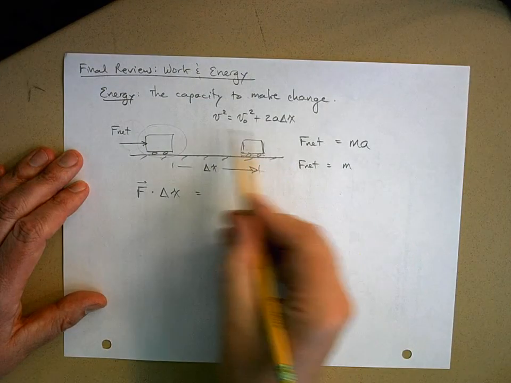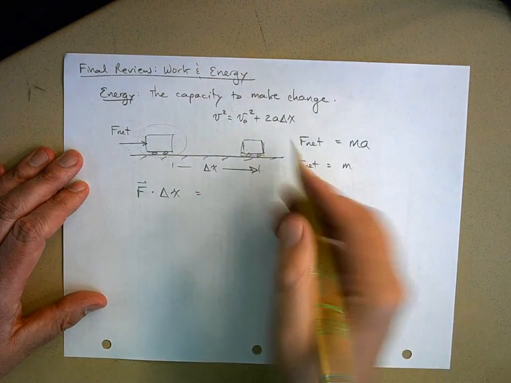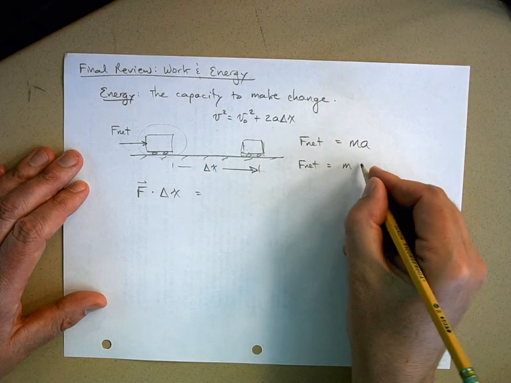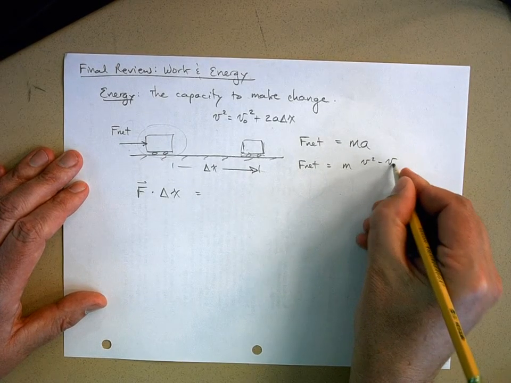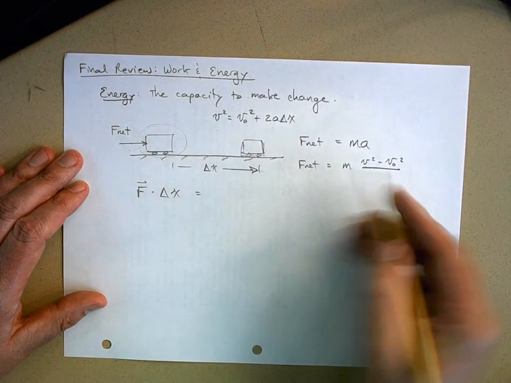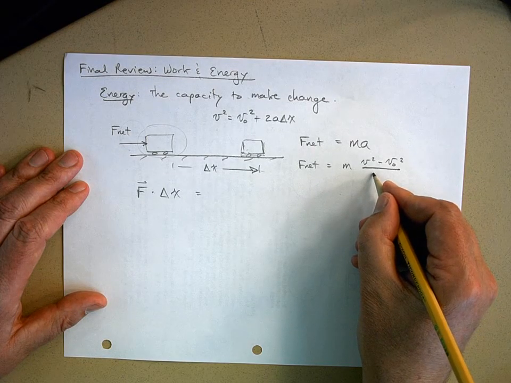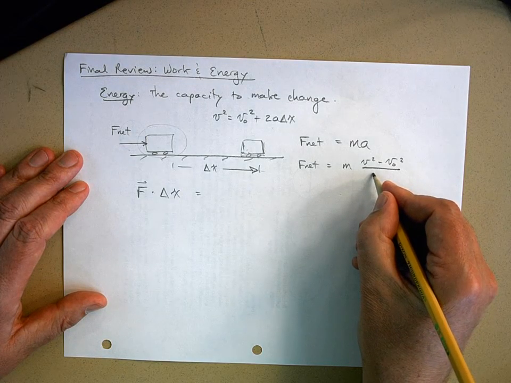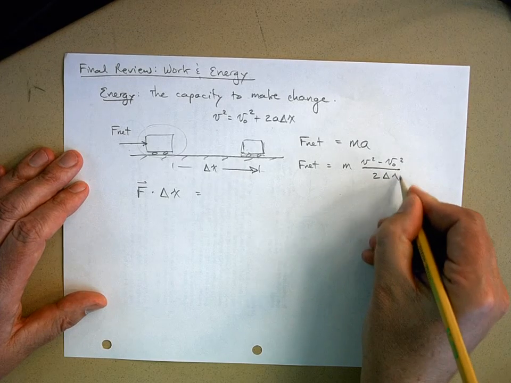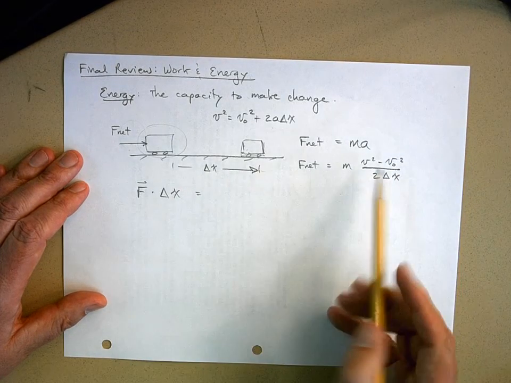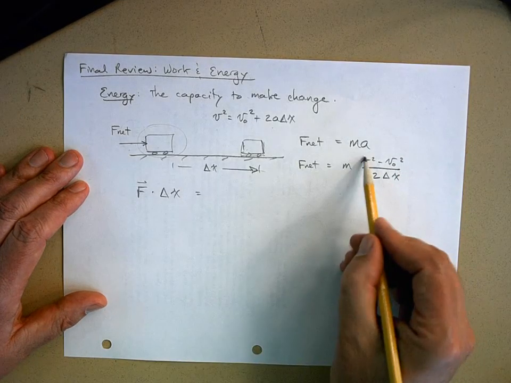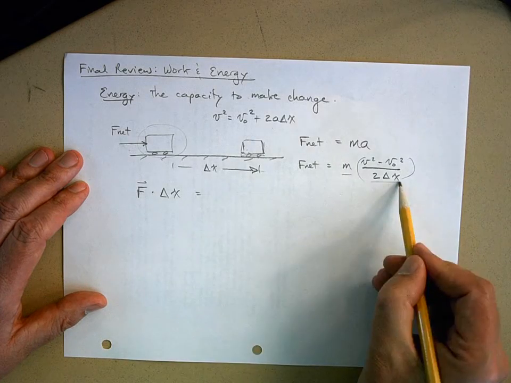So what we did is we solved this for the acceleration, and the acceleration is v squared minus v naught squared over 2 delta x. So this is the net force, mass times acceleration.